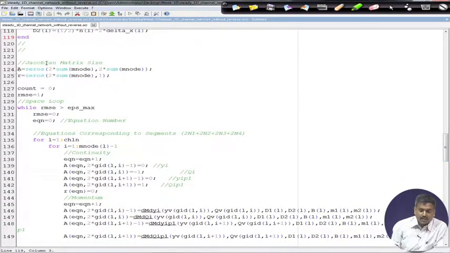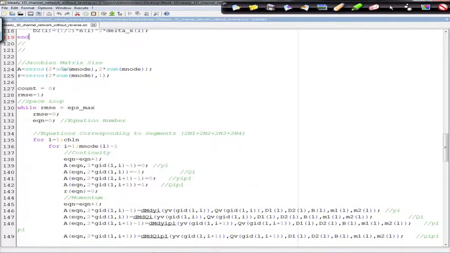Next is construction of the Jacobian matrix. A and R are the Jacobian matrix and right hand side, and we start our calculation with count 0 and RMSE 1. While RMSE is greater than epsilon max, which is 1 into 10 to the power minus 6, we set RMSE equal to 0. After entering this loop, I am considering RMSE equals 0, and I am starting with equation number 0.